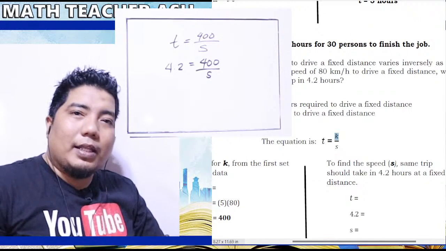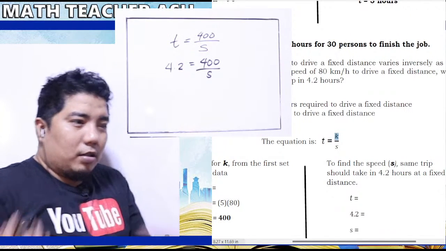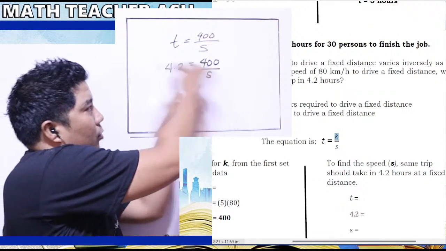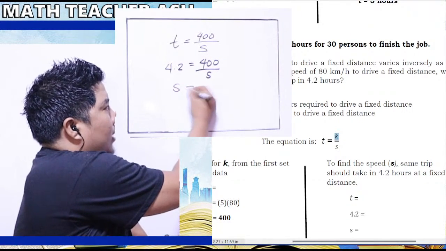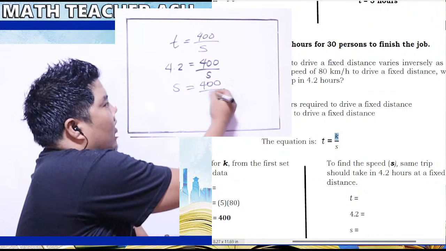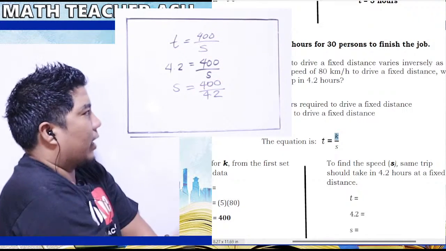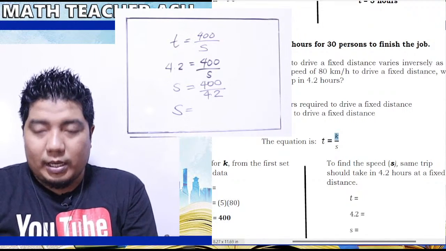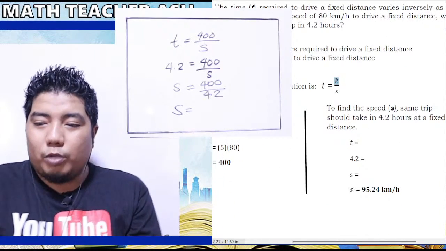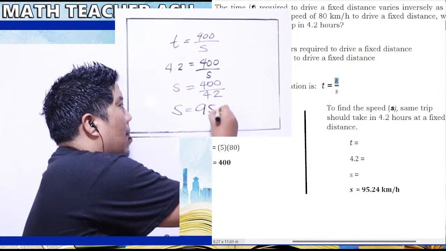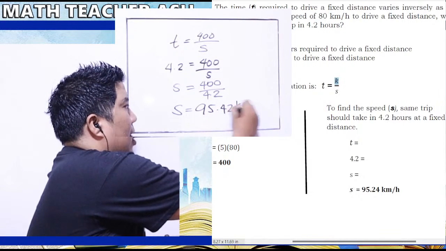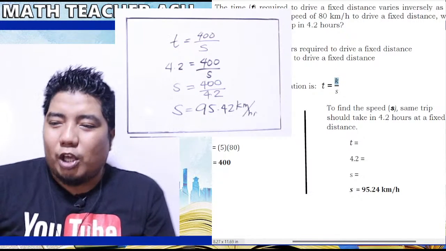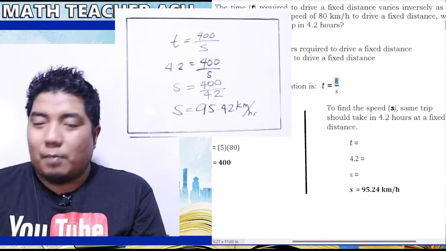So you can apply the properties of proportion. You can use the alternation property, you can interchange them. So this will become s is equal to 400 divided by 4.2. When you divide 400 by 4.2, the answer would be 95.24 kilometers per hour. And that is the answer for this problem.